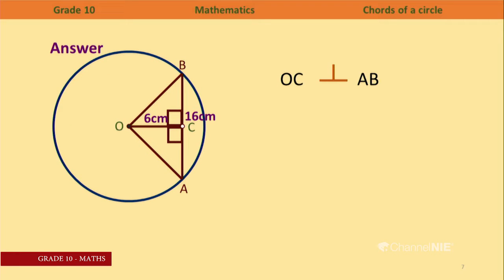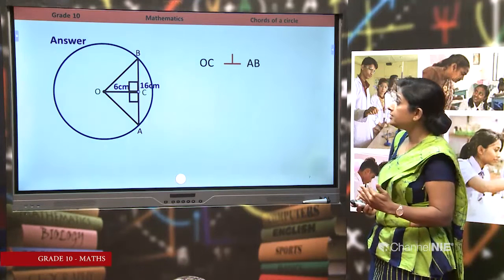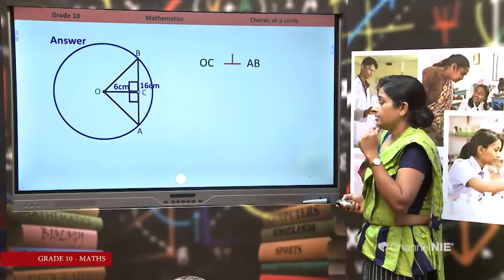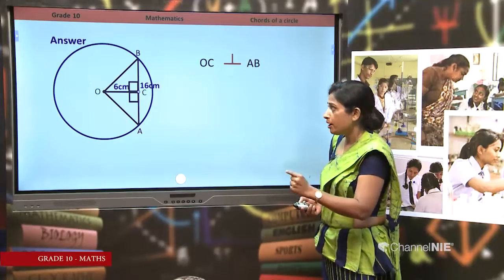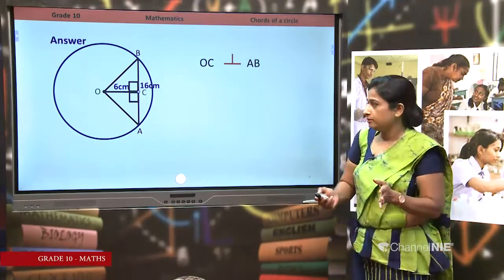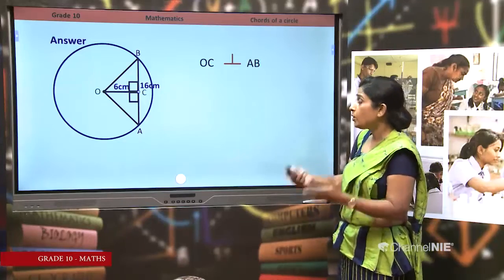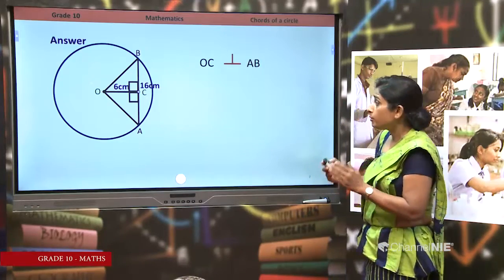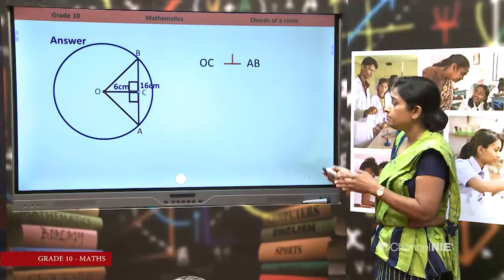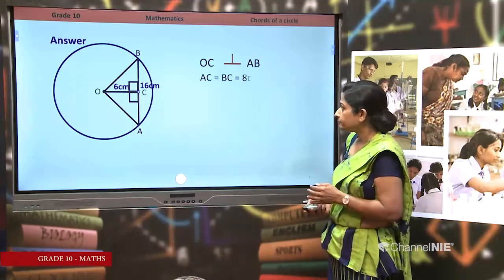Here we know OC is perpendicular to AB. If OC is perpendicular to AB, what conclusion can be taken? That is, C will be the midpoint of the chord. I told you earlier, previously I told you. But here also I am going to say that C is the midpoint of the chord AB.